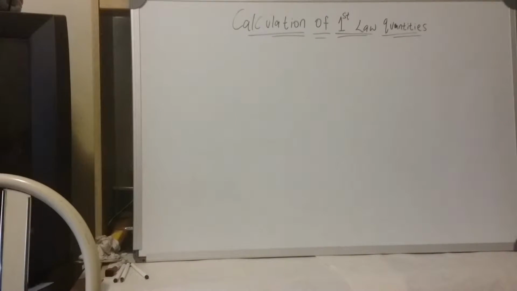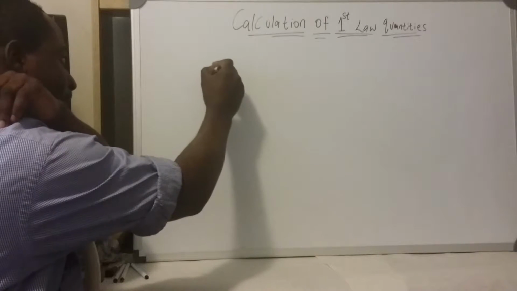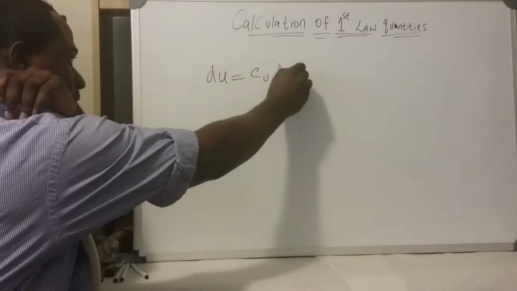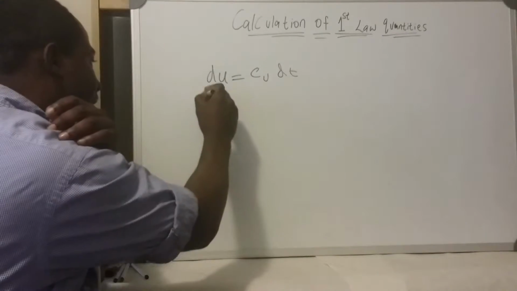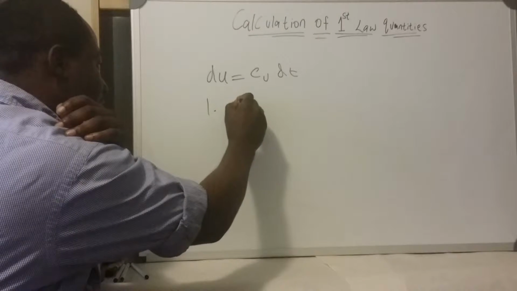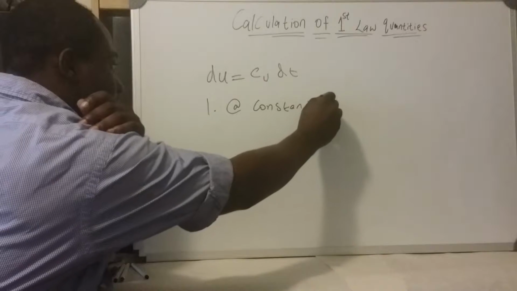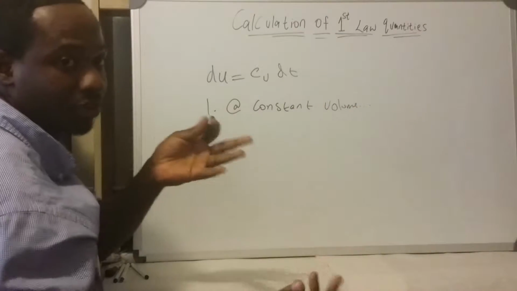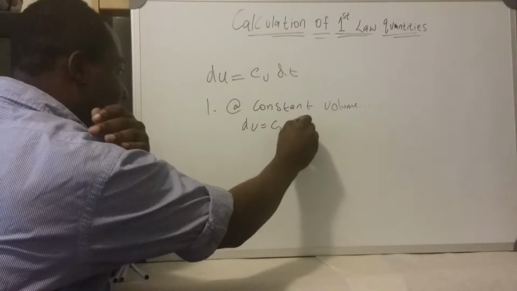In another case, we have dU equals Cv dT. This only applies in two cases. One, constant volume, which is a reversible process, where we have dU equals Cv dT.